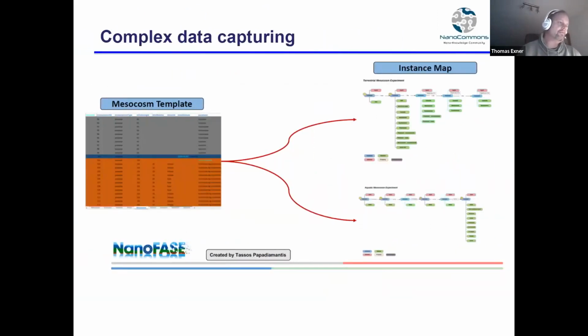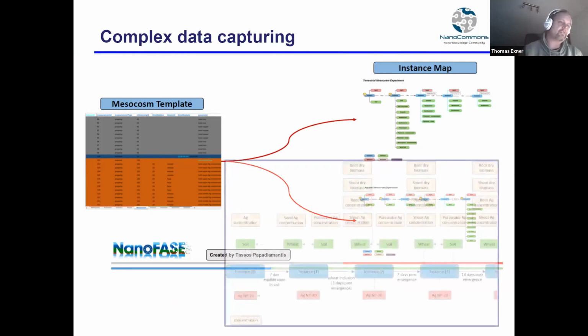This went on to the nanophase, where they then used that for the experiments which Lee showed, where they had these different stages from exposure into the environment, and then they could look at different stages.